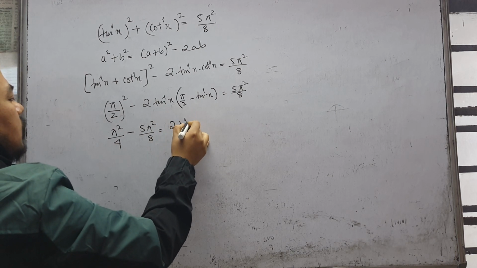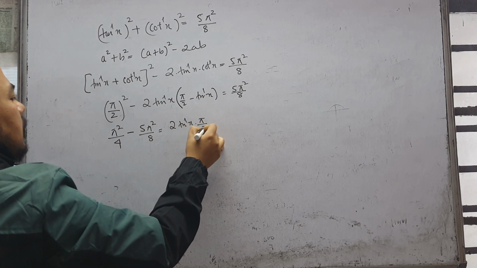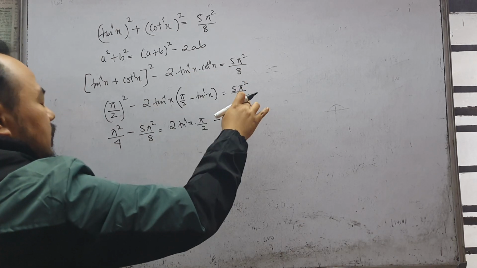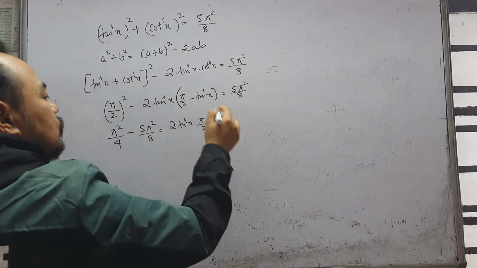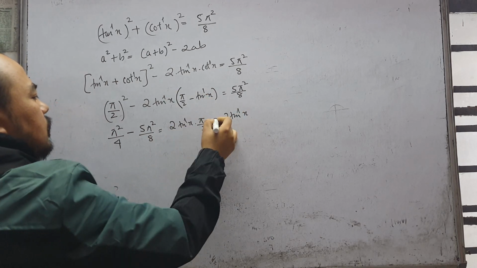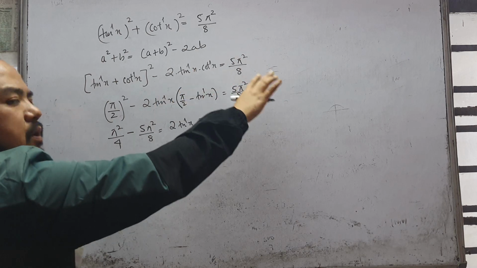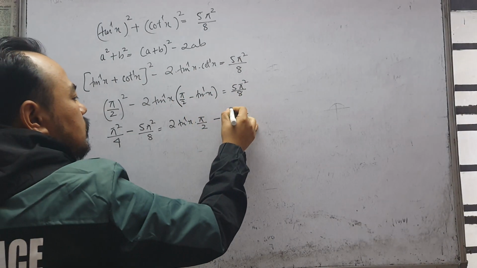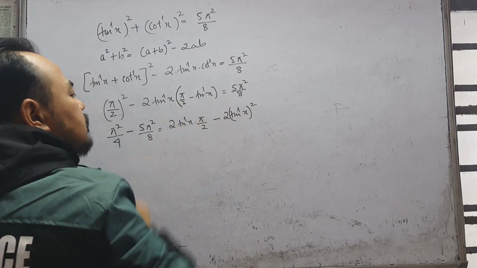2 tan inverse x into pi by 2 minus tan inverse x, minus into minus becomes plus. This comes this side and becomes plus. So 2 tan inverse x, 2 times.